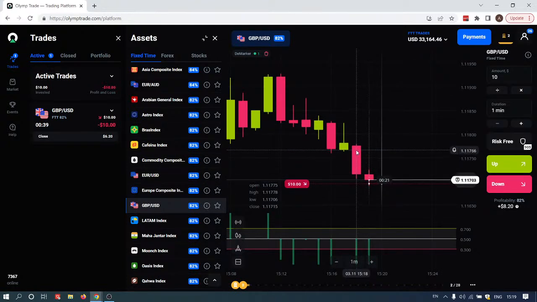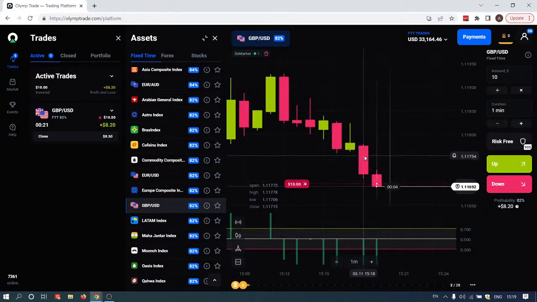So in this case, the color of this candlestick is red, and then according to that strategy, I would have to open a trade in the downwards direction here. So that's how the Japanese Martin strategy works.